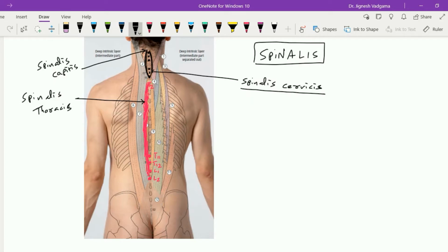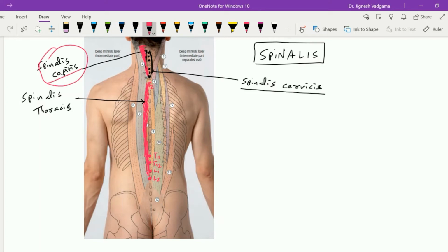The last part, the spinalis capitis muscle, is represented by the occasional fibers of the semispinalis capitis muscle. It is a very small part, and it inserts over the spine of C7 and T1 after originating from the nuchal line.